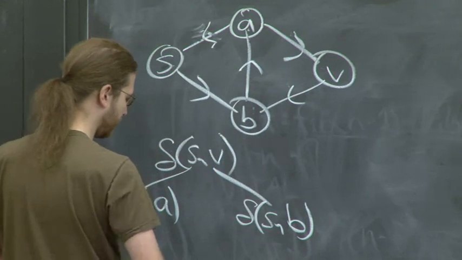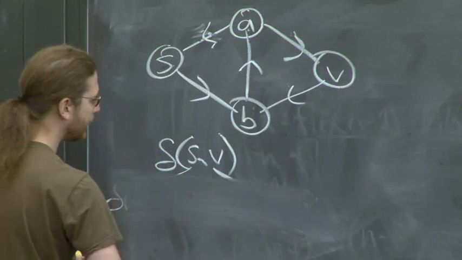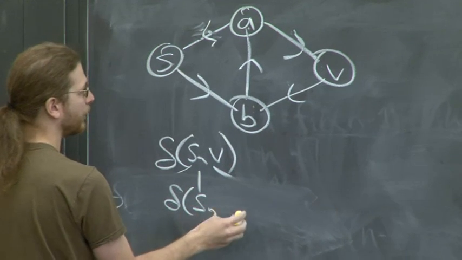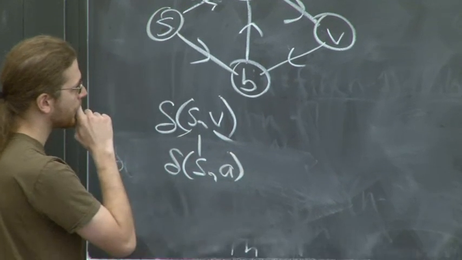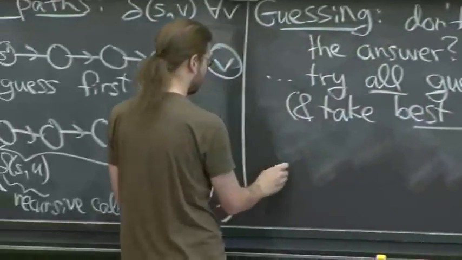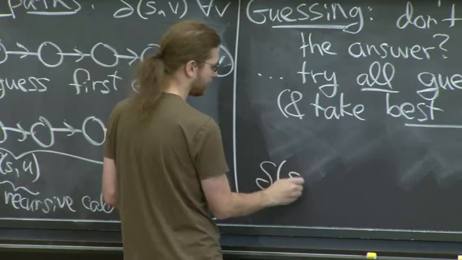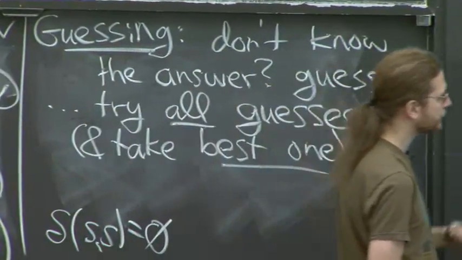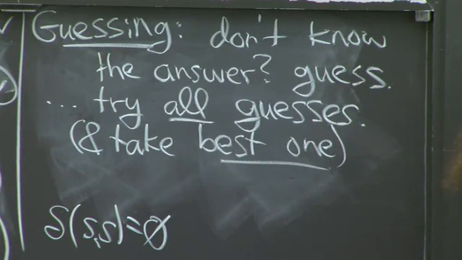Oh, sorry, actually, we just need one. Only one incoming edge to V. So it's delta of S comma A. Sorry, I should have put a base case here too. Delta of S comma S equals 0, let's say. OK, delta of S comma A plus the edge.